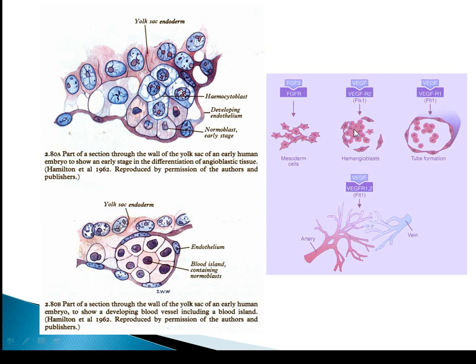Then the cells which remain inside will become the blood cells, and the cells around the island will be converted into the endothelial cells forming blood vessels. The first blood cells which arise here are erythroblasts, and they will form nucleated red blood cells. So the initial red blood cells will have nuclei.